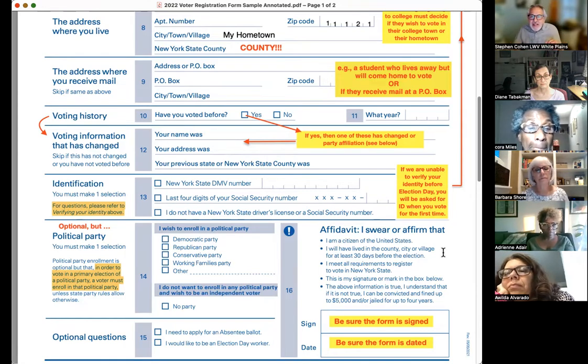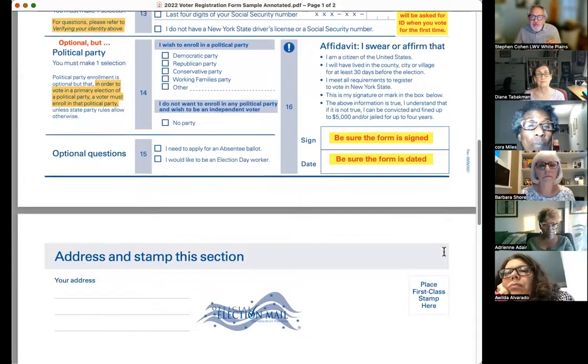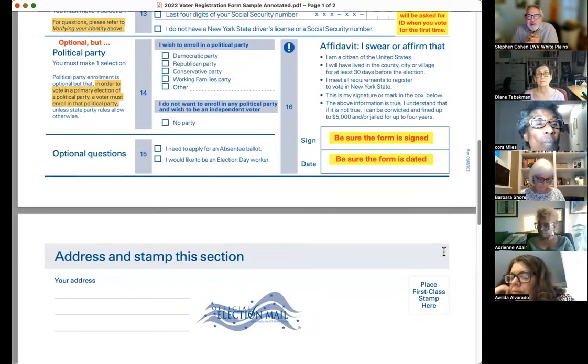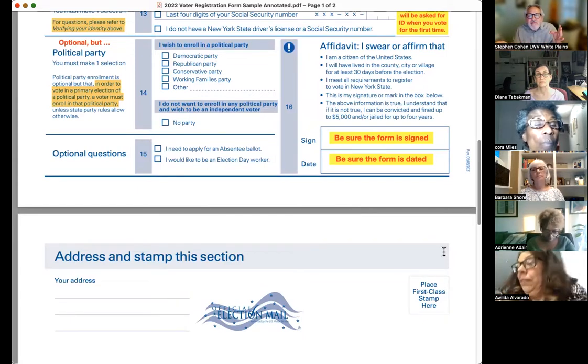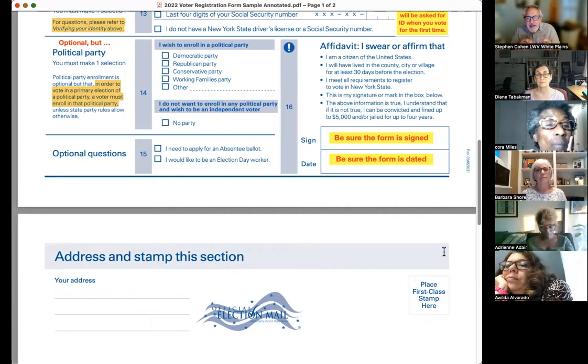Okay, so the last part of this form has to do with political parties. Now, a registrant does not have to select a political party.